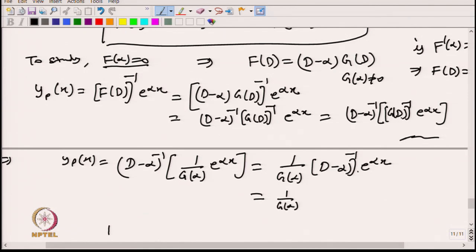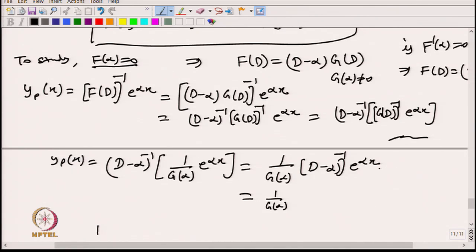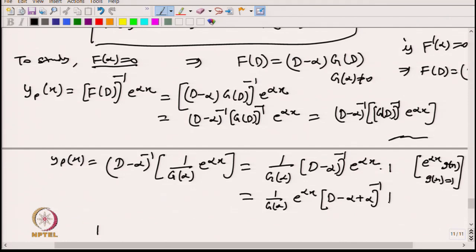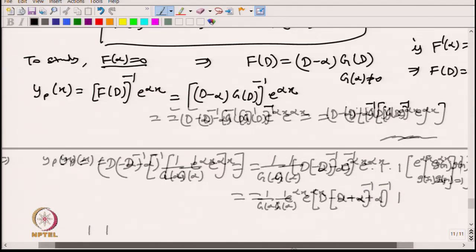Now, I can multiply this function by 1, because I am going to use e^(alpha x) times g(x), and g(x) in this case I am taking as 1. Now, I can write this by taking e^(alpha x) to the left-hand side, and then it becomes (D minus alpha plus alpha) inverse into 1, by the previous result we have defined.